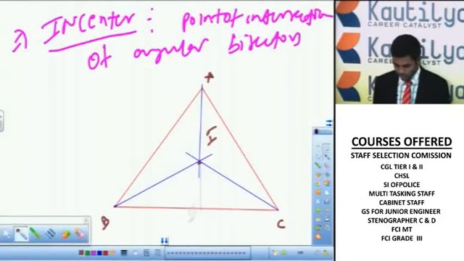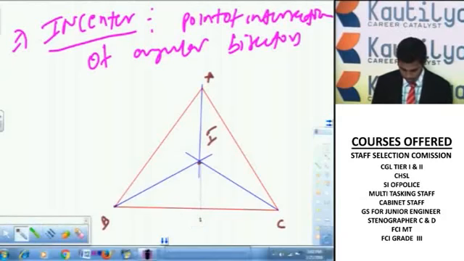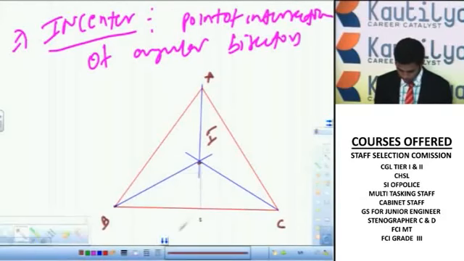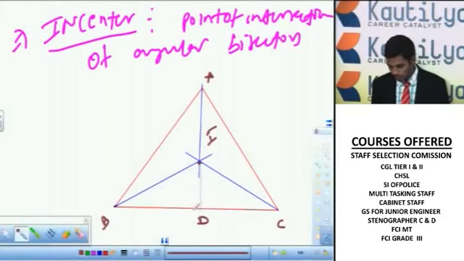Let D be the point here, and ID be the perpendicular from incenter I to side BC.